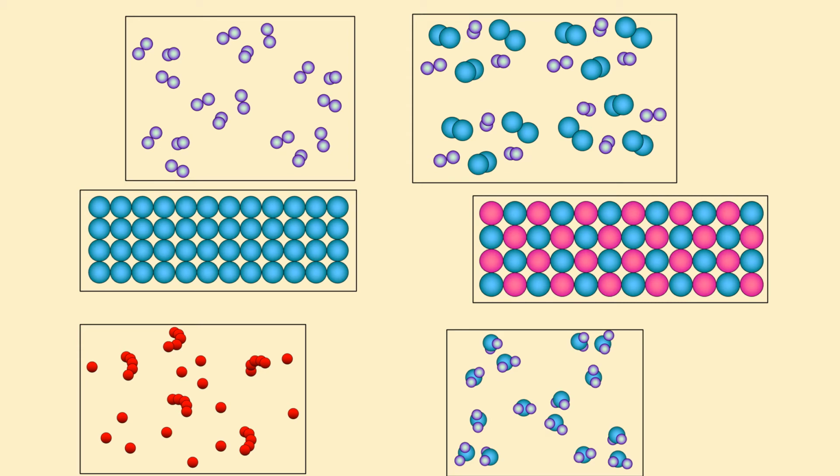So remember that a molecule can be of an element or a compound. If it's individual atoms, then that must be an element. Or actually it could be a mixture as well, couldn't it? Because you might have different types of atoms. Okay, pause the video now and have a go at describing each of those 6 boxes, and I'll tell you the answers in a moment.